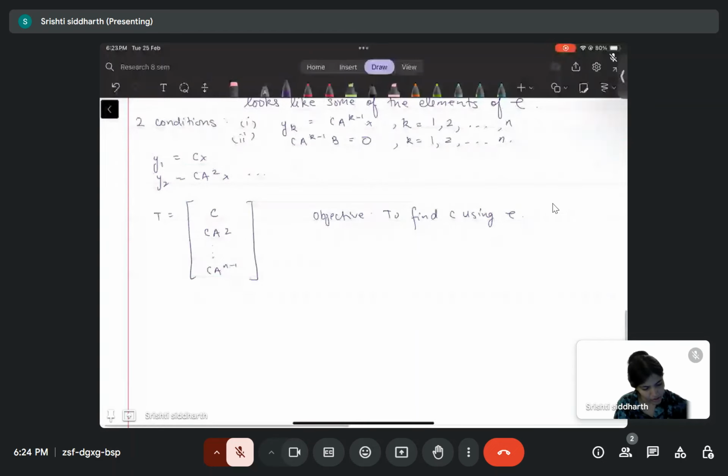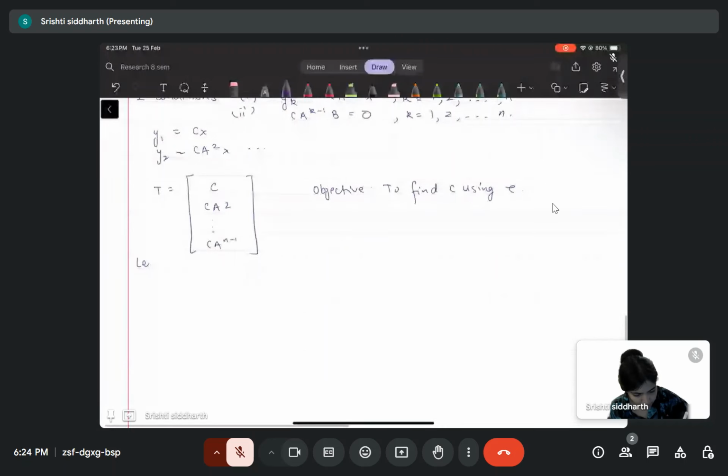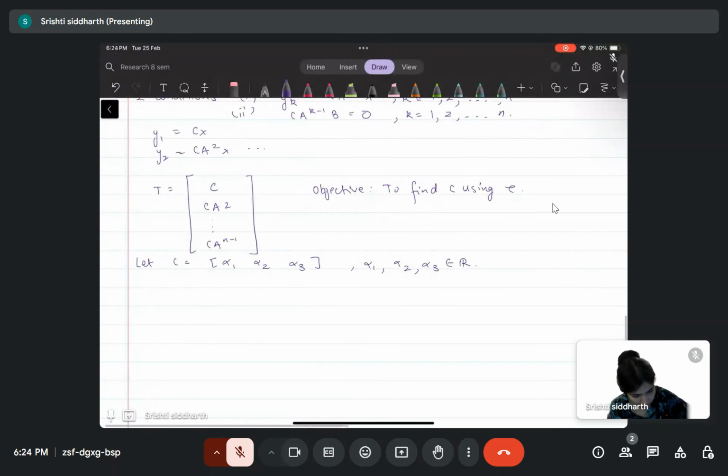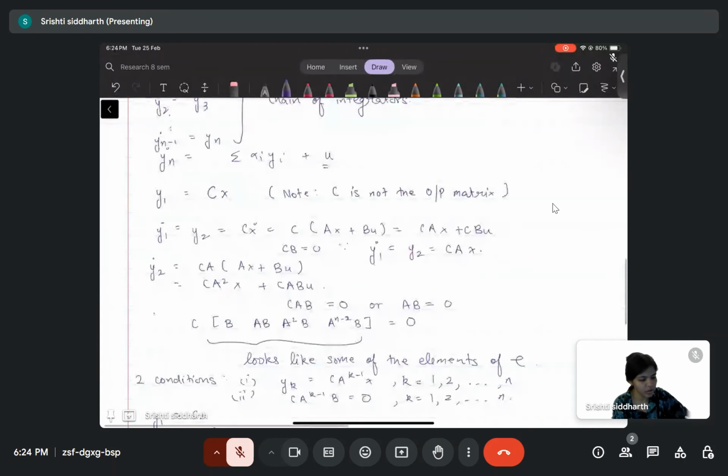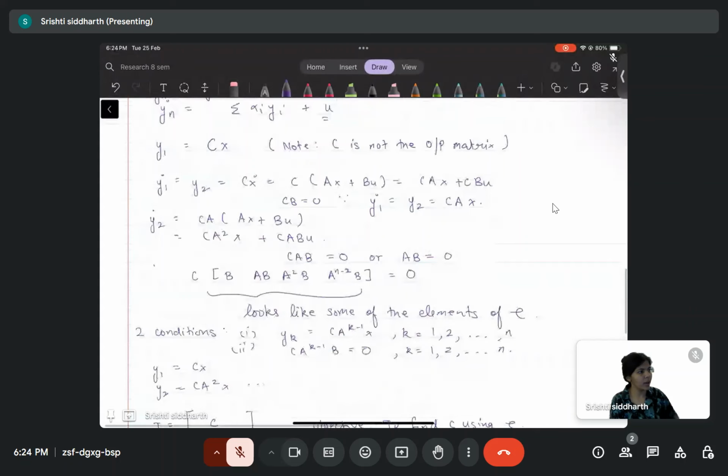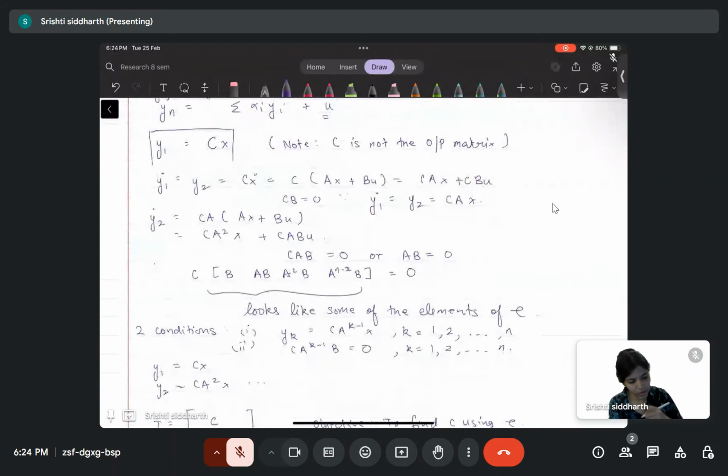Yeah, so C is going to be, for example, from this, this is just a scalar. This is C times n by 1, so this is going to be 1 by n. So for n equals 3, we have alpha 1, alpha 2, alpha 3. And now we have to find out these constants.